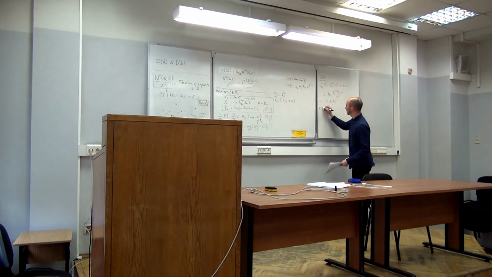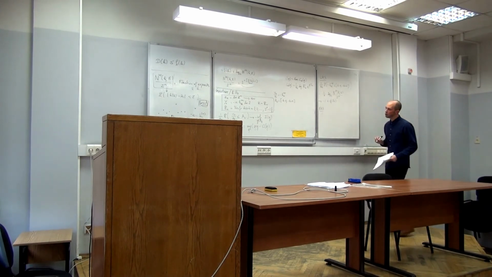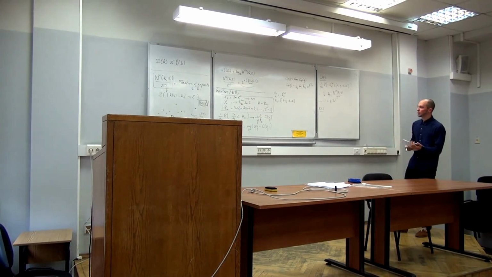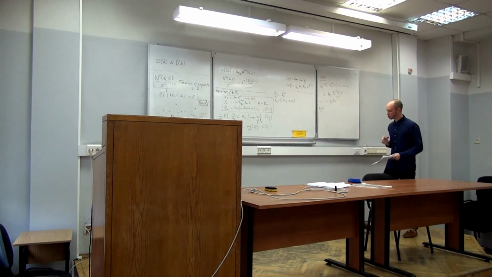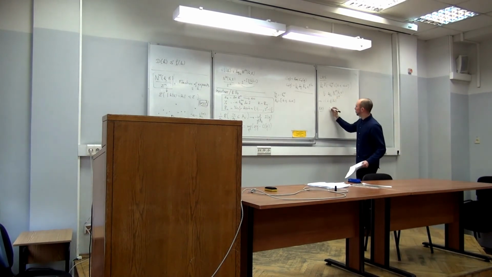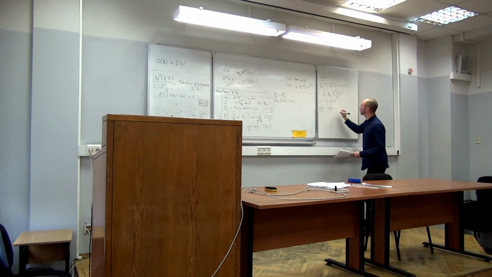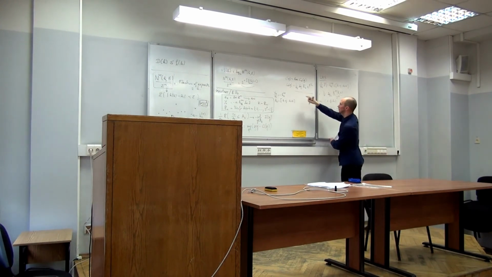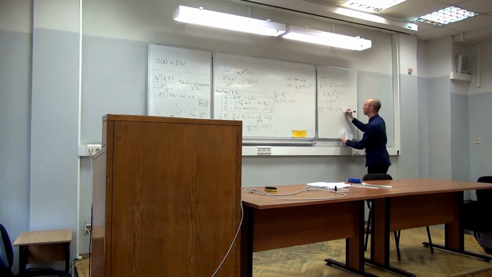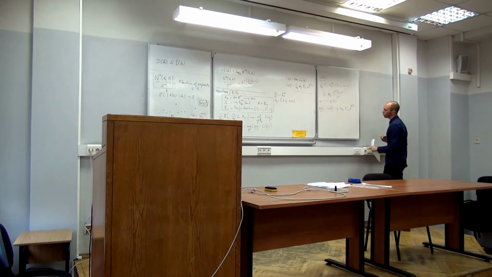What about the right-hand side now? For the right-hand side, we need to compute the log of the moment generating function. So we need to compute Cn of q, which is 1 over n log in base 2 of the expected value of exponential qyn.